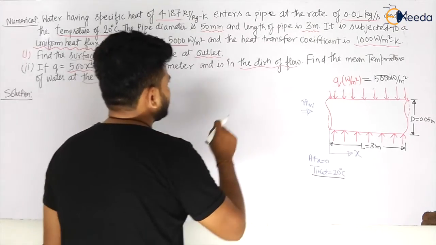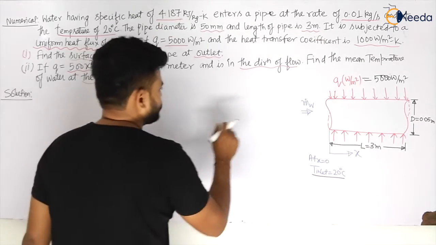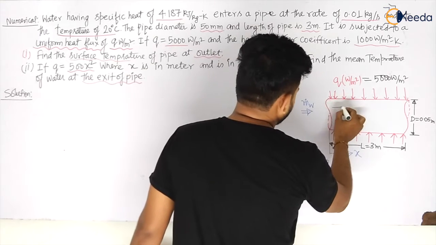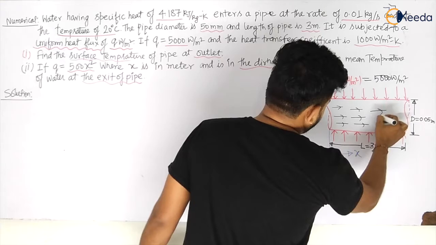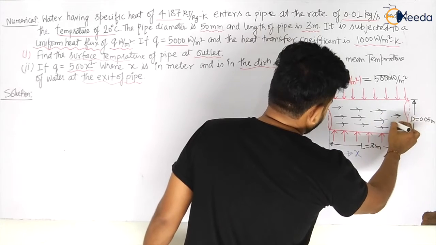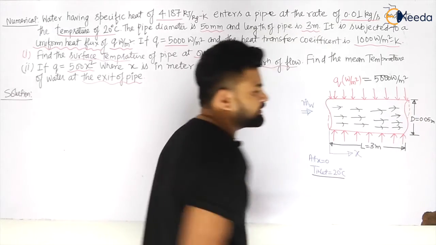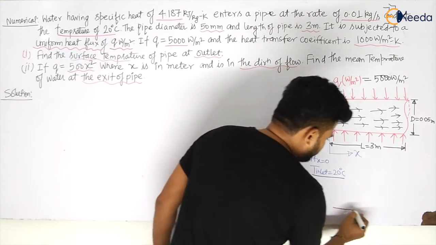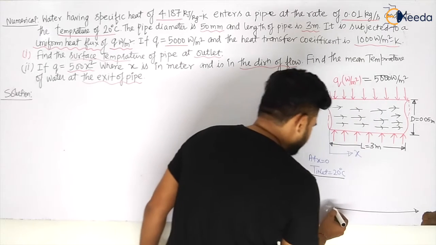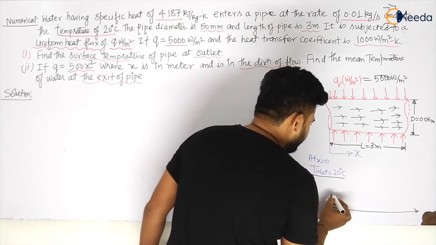And the heat transfer coefficient is also given. So what is the heat transfer coefficient for water flowing inside the tube? Water is flowing inside that pipe. Again you have to revise the concepts: the temperature of water from inlet to exit will increase like this.